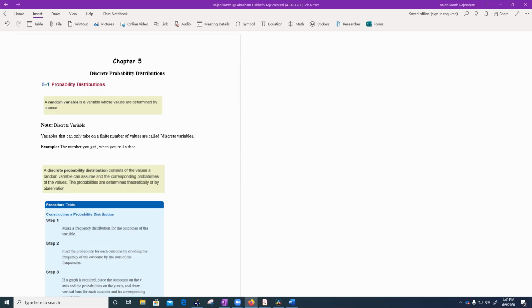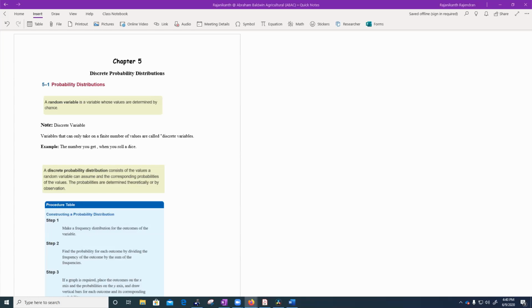Okay, but here we are going to look at only discrete variables, variables that can take only a finite number of values. For example, the number you get when you roll a die. The possible values are limited, right? When you roll a die, we will have any number out of 6.